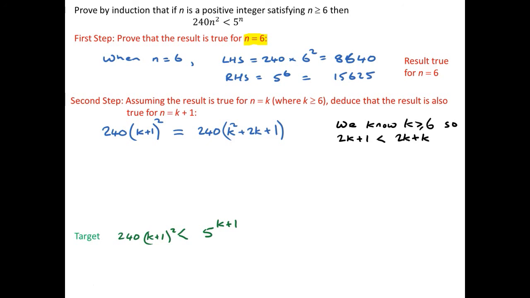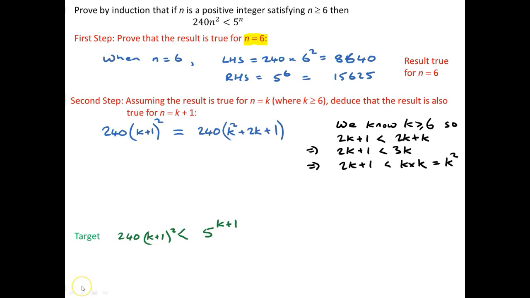So we've got 2k plus 1 is definitely less than 3k. What's more, 3 is definitely less than or equal to k, because we know that k is greater than or equal to 6. So we can say that 3 times k is definitely less than k times k.